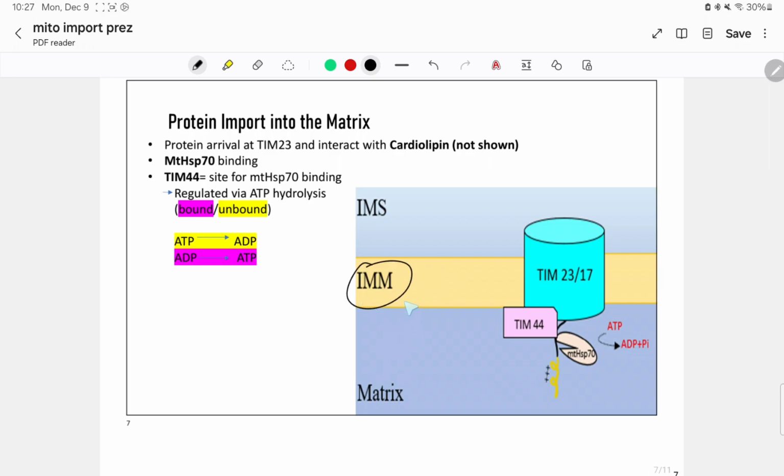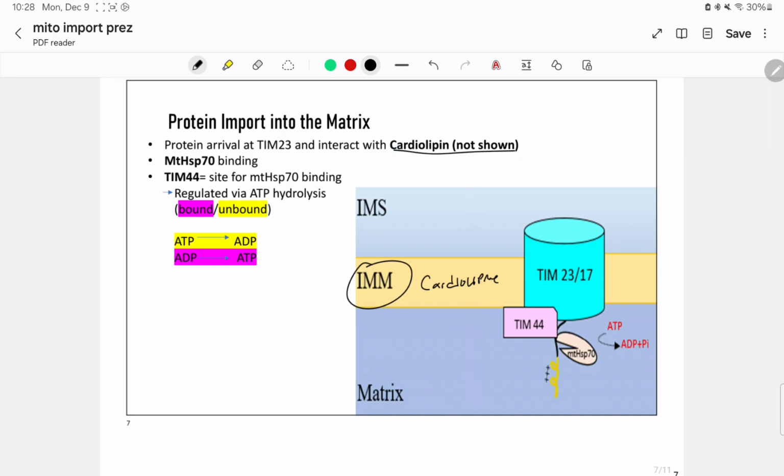The inner membrane of the mitochondria contains a special phospholipid, okay? And this special phospholipid is going to be called cardiolipin, okay? You can imagine it as one glycerol molecule with 4 fatty acids attached to it here, okay? So that's cardiolipin.